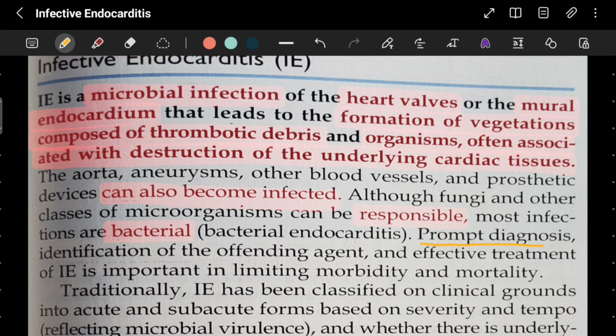Now, prompt diagnosis, identification of the offending agent and effective treatment of infective endocarditis are important in limiting the morbidity and mortality. When any organism affects the heart, it becomes very difficult for a surgeon or a physician to get into its pathology and cure it.